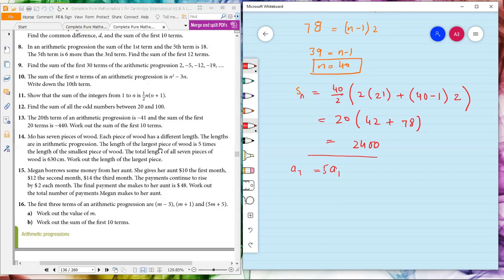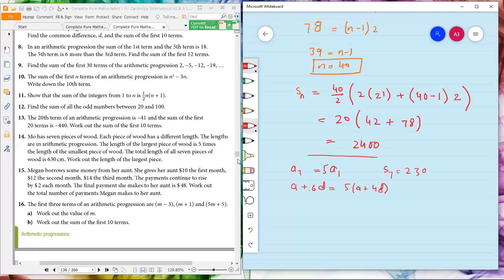The total length of all 7 pieces of wood is 630. Work out the total length. It means this is given, S7 is 630, the sum of all. So we will use the formula A plus 6D is equal to 5 into (A plus 4D).